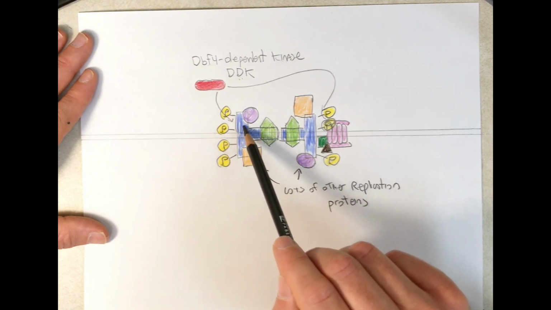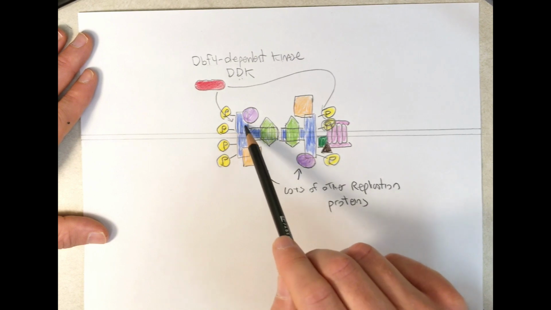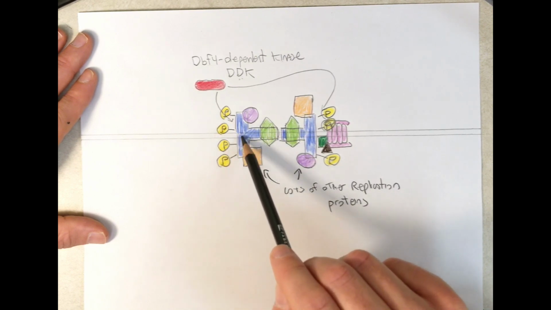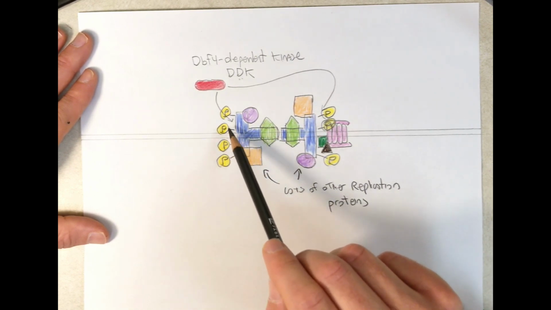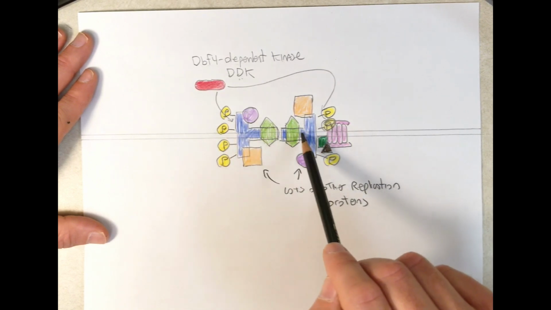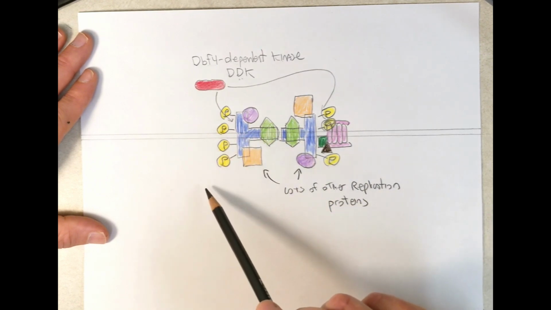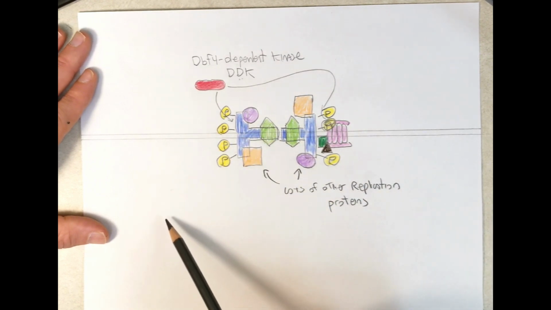Most importantly, proteins of the MCM complex, the MCM proteins in here. It will phosphorylate those, and the phosphorylation of the amino acids in these helicases is thought to be important for activating the helicase activity and initiating replication.